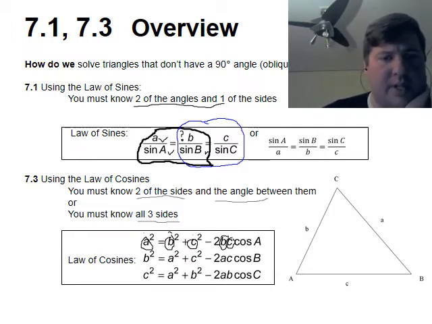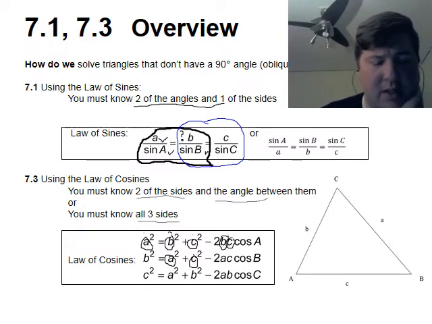However, if you have the two sides and the angle between them, you would use the formula that includes those two sides.